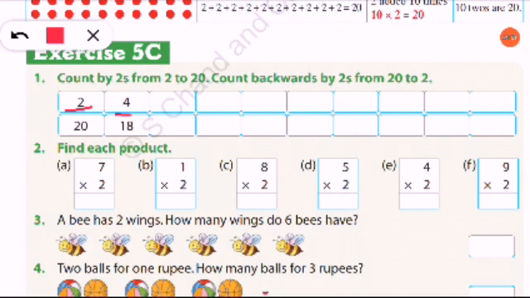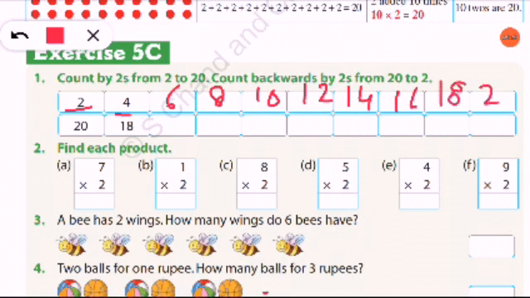Now 2 threes are 6, 2 fours are 8, 2 fives are 10, 2 sixes are 12, 2 sevens are 14, 2 eights are 16, 2 nines are 18, and 2 tens are 20. Okay, now your table is done from 2 to 20.